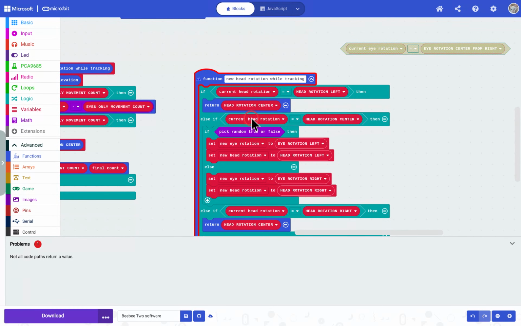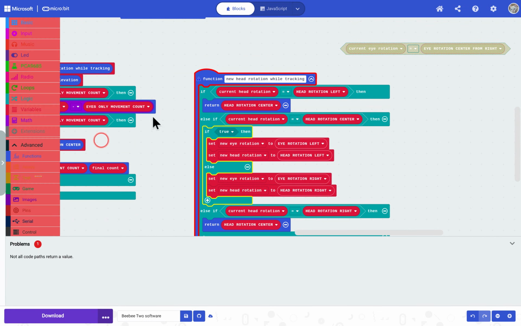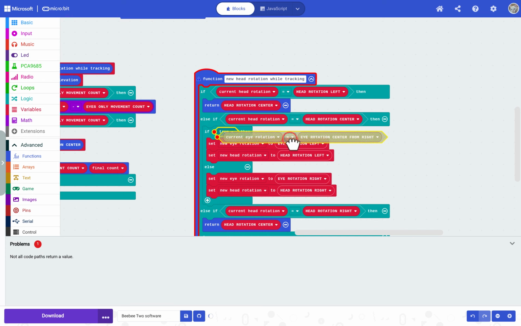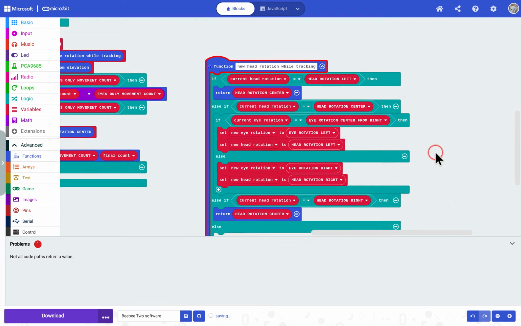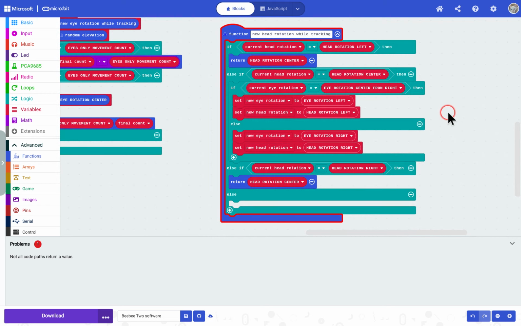And we know that we've already chosen an eye rotation. And if the current eye rotation is to the left of eye rotation from the right, we know that we want our head rotation to go left because our eye started moving left. Therefore, we need our head to move left.